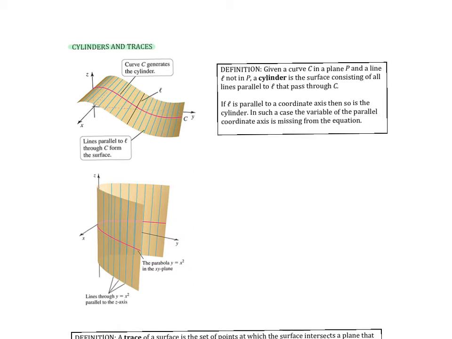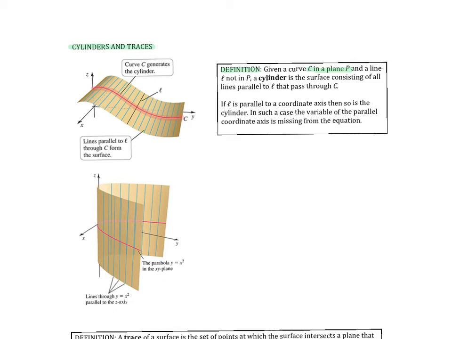A cylinder, by definition, is formed by any curve C. So if we look at this first diagram, we have this curve in red. This curve is in a plane P. Notice on the diagram I don't really have a plane P, so I'm going to draw what that plane is.